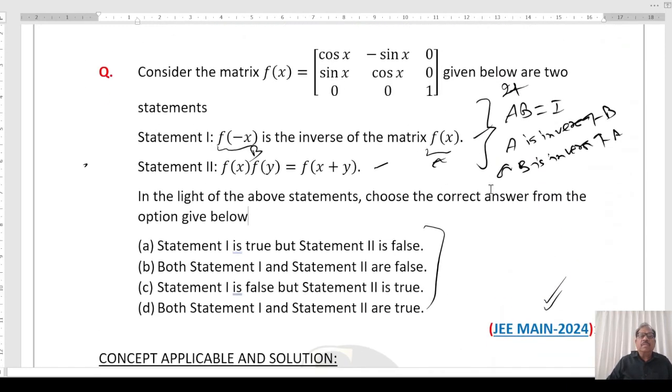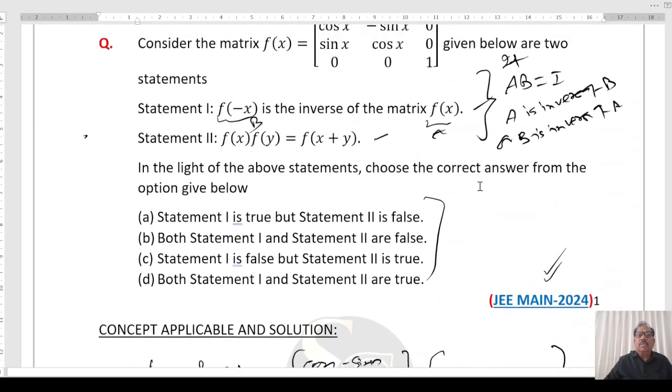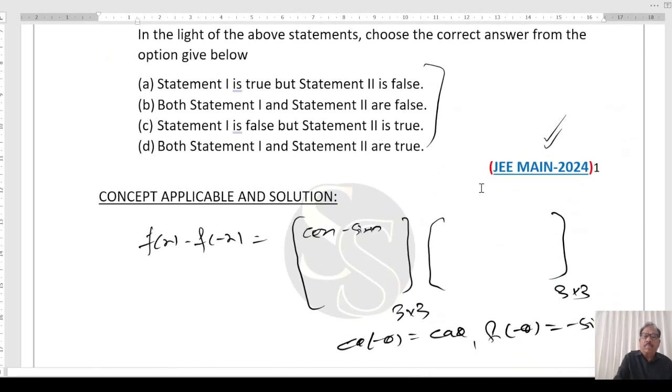f(x) is [cos x, minus sin x, 0; sin x, cos x, 0; 0, 0, 1].